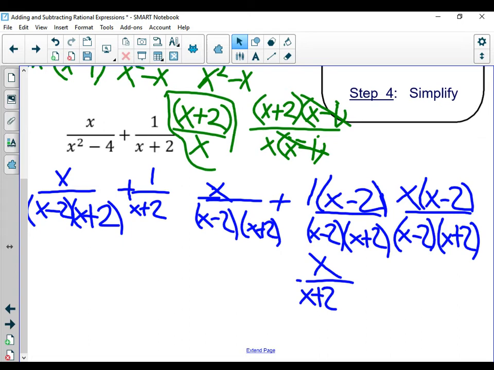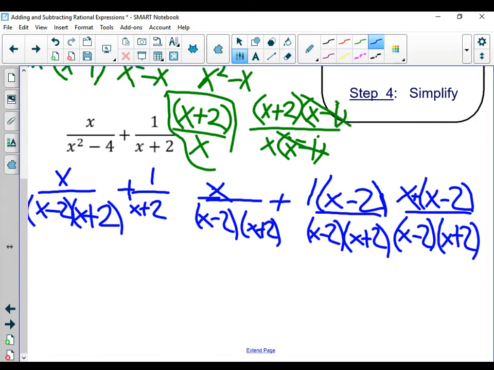And then we have x plus x minus 2. I forgot the box. Okay. There we go. So then we actually end up with, let me do this real quick. So we end up with 2x minus, wait.